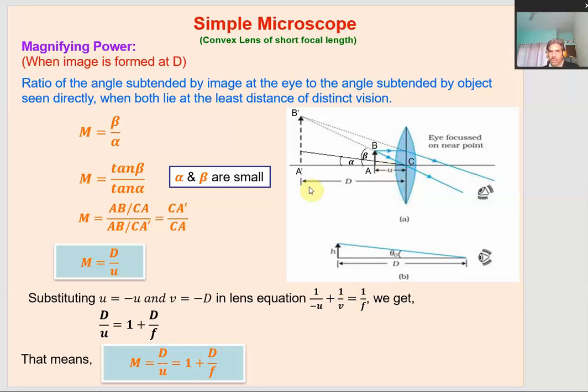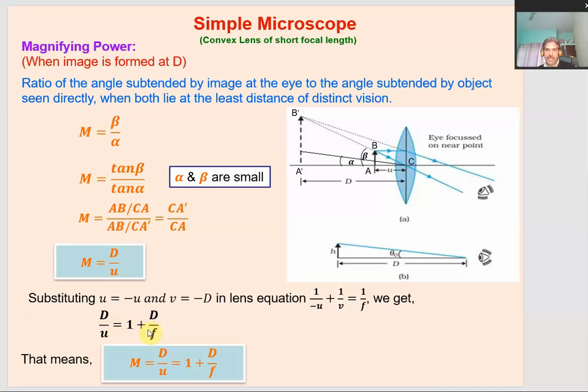On substituting the values of u and v, we can get this ratio D upon u, which comes out to be 1 plus D upon f, because in place of v we are getting minus D. So D upon u comes out to be 1 plus D upon f.